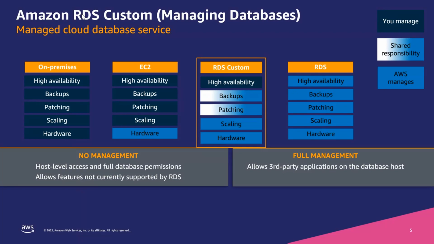Then they can use the RDS Custom APIs to upgrade the instance to the latest CEV. So you see that there is a shared responsibility in this case on how patching has to be done in RDS Custom.